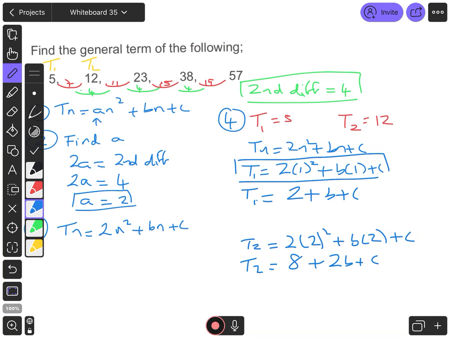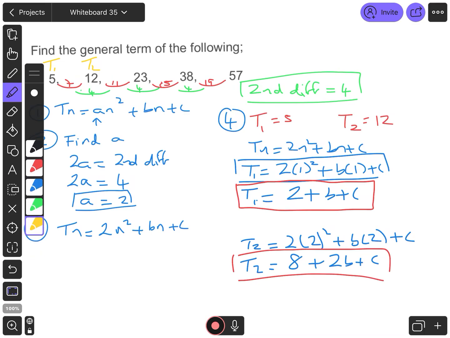Okay? So now I have my term 1 and I have my term 2. But I know that term 1 from earlier was equal to 5, and I know that term 2 was equal to 12.